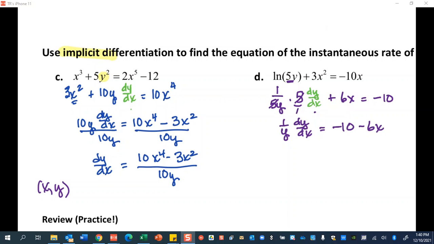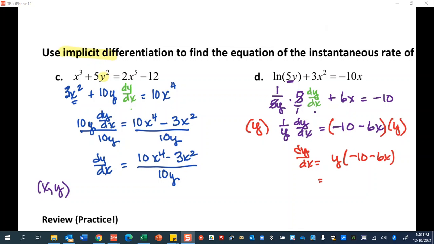All right, I'm going to go ahead and multiply each side by y. And I get dy/dx is equal to y times negative 10 minus 6x. Make sure that's bubble wrapped. That y is multiplied by this entire quantity.